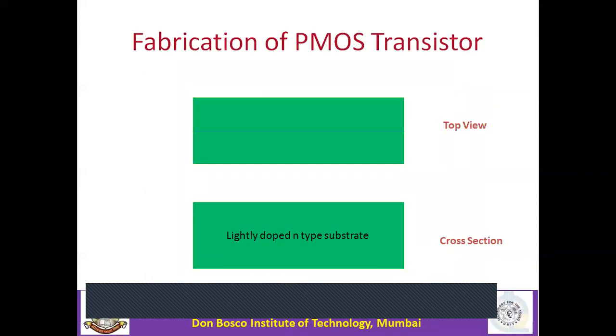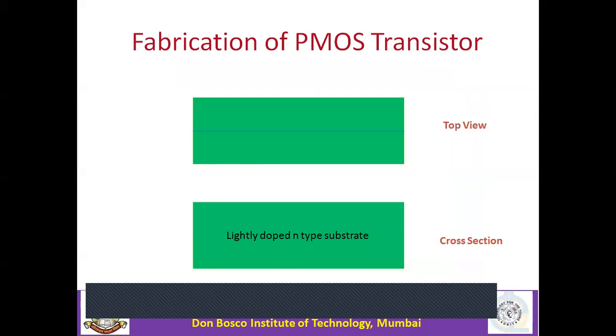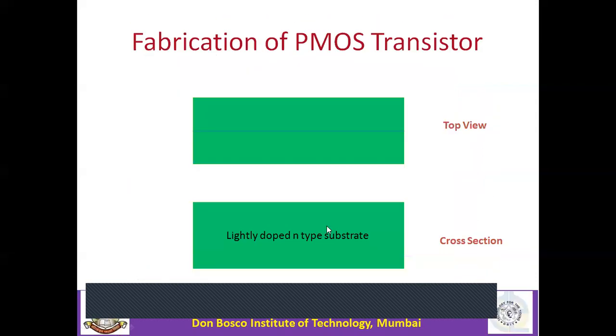So this is fabrication of a PMOS transistor. This is a lightly doped N-type substrate. Everything is the same for PMOS, only instead of a P-type substrate we start with an N-type substrate. That's why I have changed the color.